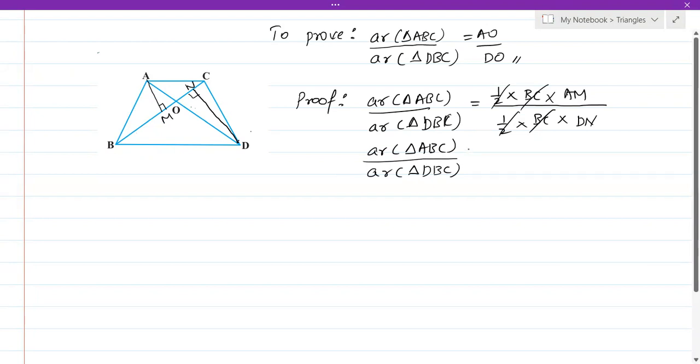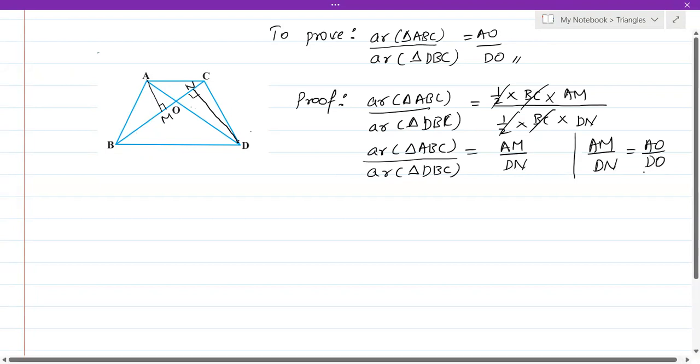Therefore, what we are left with is area of triangle ABC by area of triangle DBC is equal to AM by DN. But what we need is AO by DO. So if I prove AM by DN is equal to AO by DO, then the result is done. So let's try to prove that.